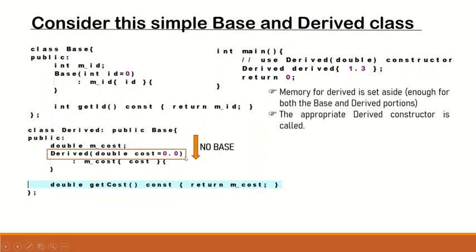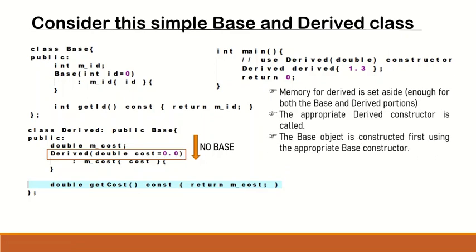So remember, when we are not specifying any base class constructor as part of the derived class constructor, then the compiler is going to use the default base class constructor to initialize the base class part of the derived class object.